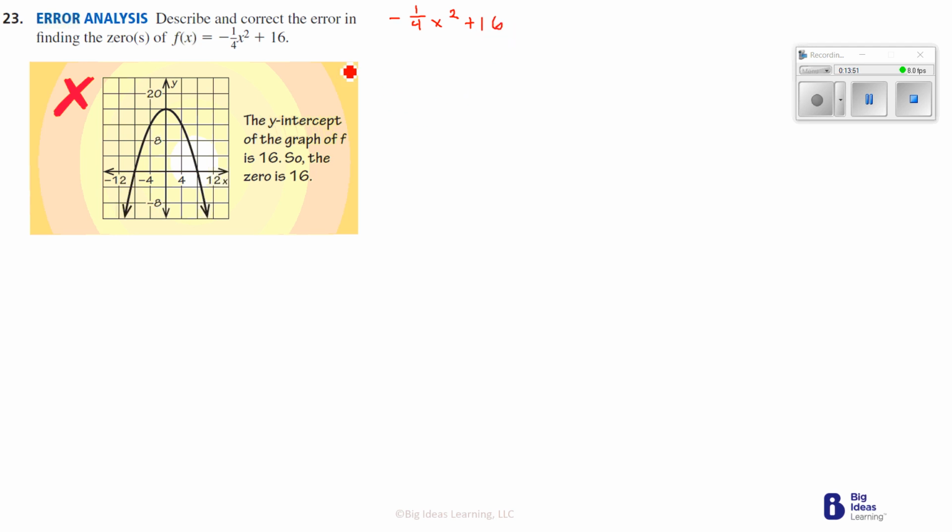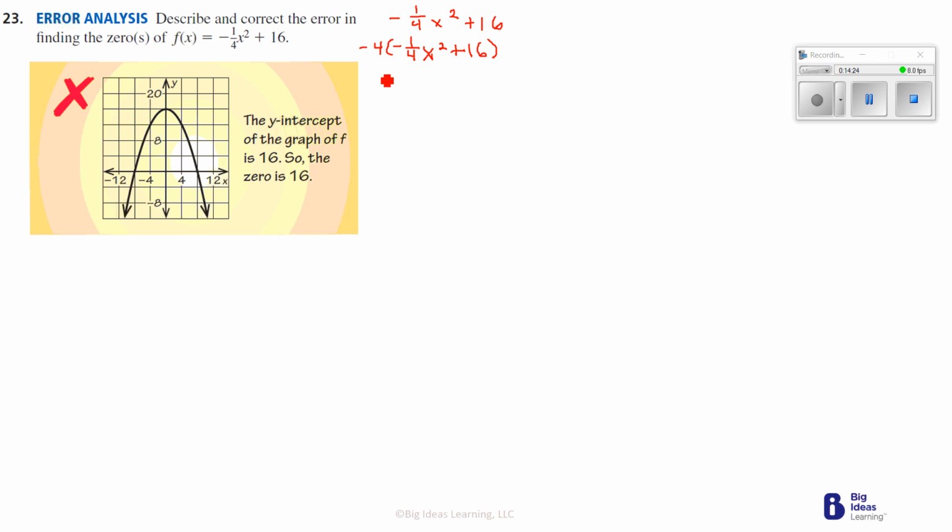Okay, so I believe they told us to multiply everything by 4, right, to solve this. So if I did that, I'm going to go ahead and take 4 times, I guess I should do it by negative 4 to get rid of that negative sign, right? Negative times a negative will give me that positive that I want.